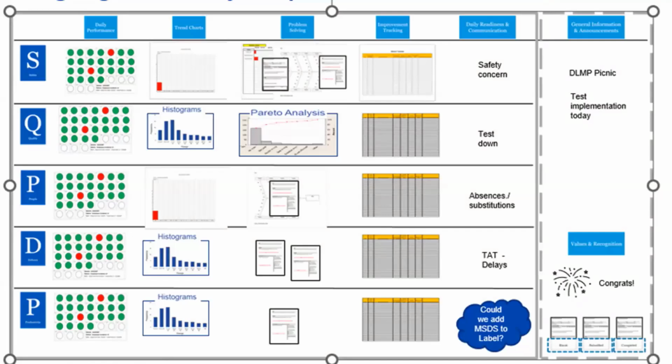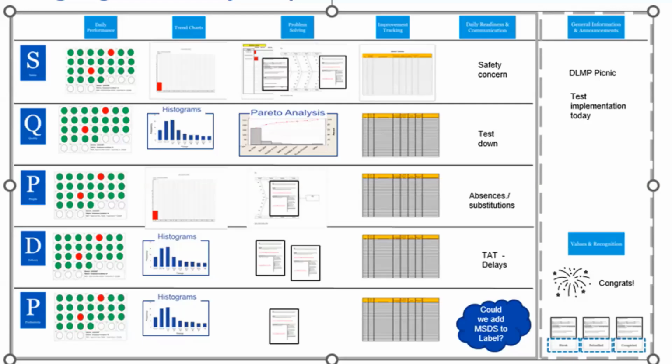If you remember the 5 components that we talked about: safety, quality, people, delivery, and productivity. This is what we started with in our presentation when we talked about the 5 elements of operational excellence.